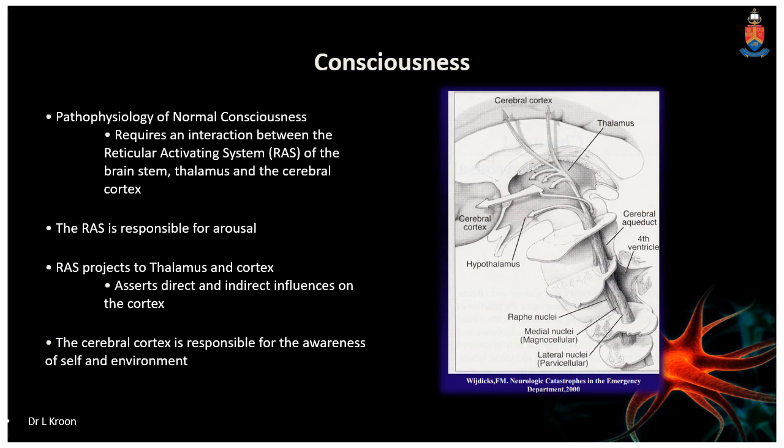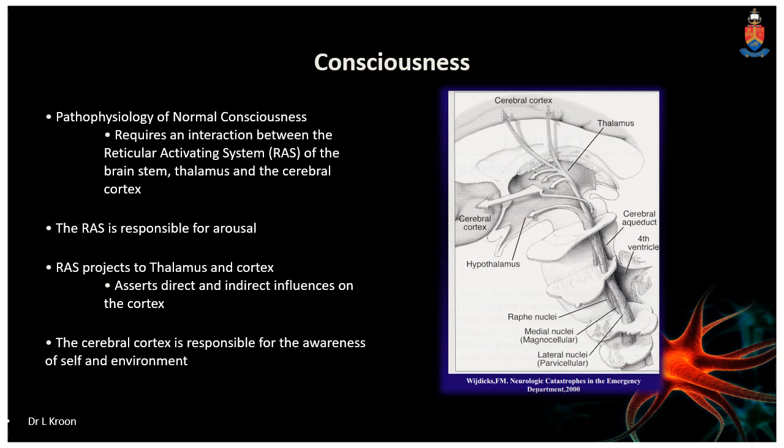The physiology of consciousness requires an interaction between the reticular activating system of the brainstem, thalamus, and the cerebral cortex. So this RAS, or reticular activating system, is responsible for arousal. The RAS projects to the thalamus and the cortex. It exerts both direct and indirect influences on the cortex.